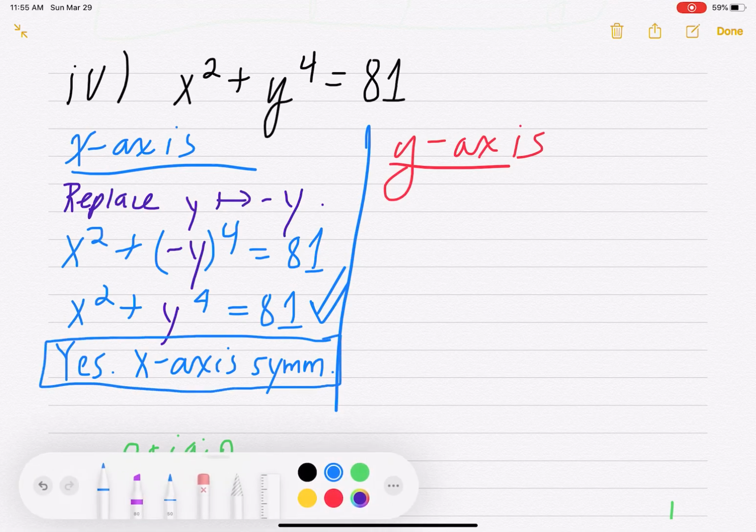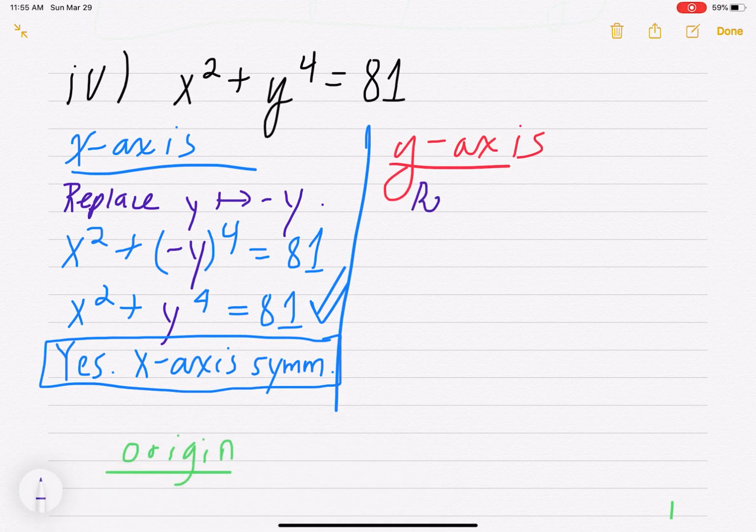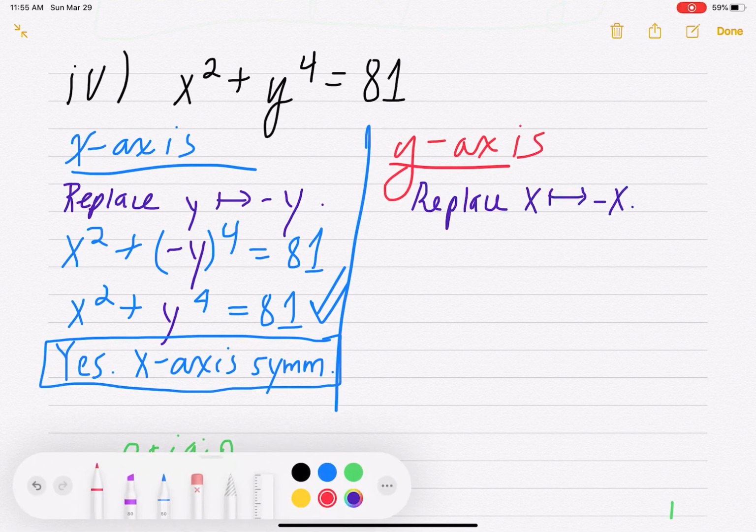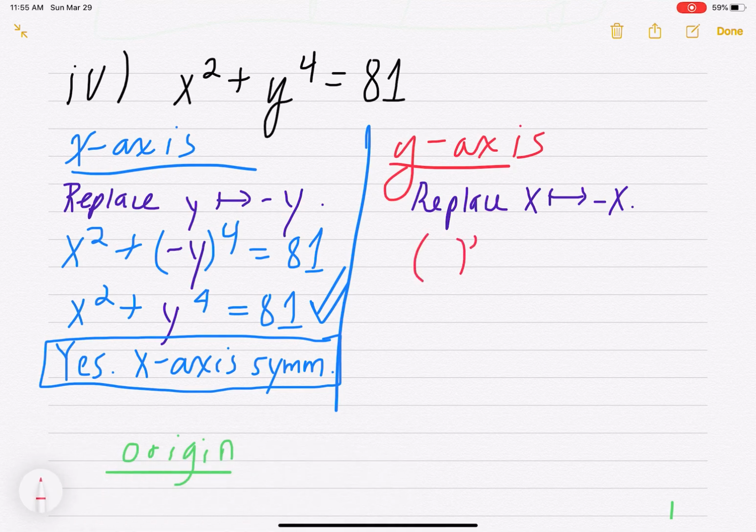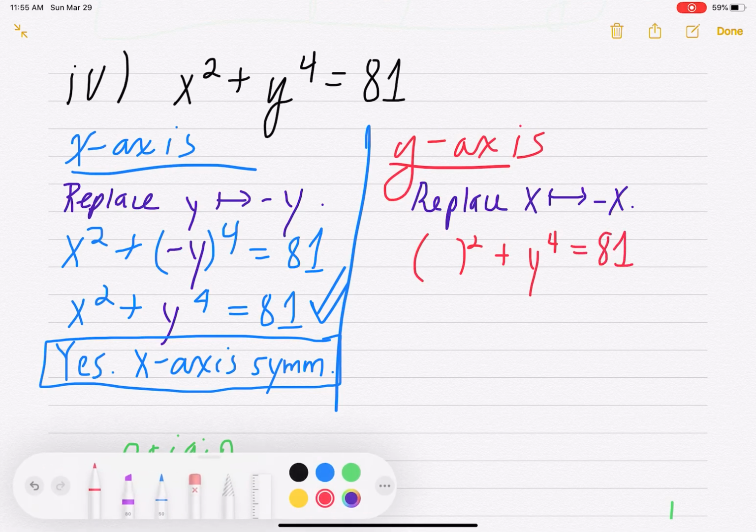Now for y-axis symmetry, we're going to do a replacement of x with negative x. And let's write down our template in red. We're going to have a blank squared plus y to the fourth equals 81. And in place of that blank in the parentheses, we're going to put, instead of an x, a minus x.